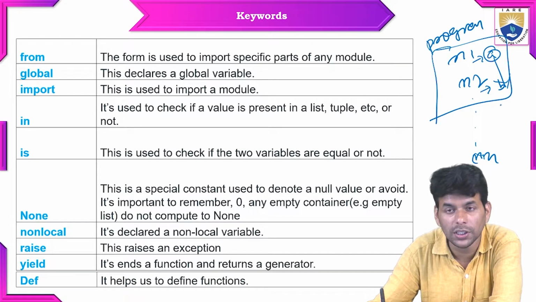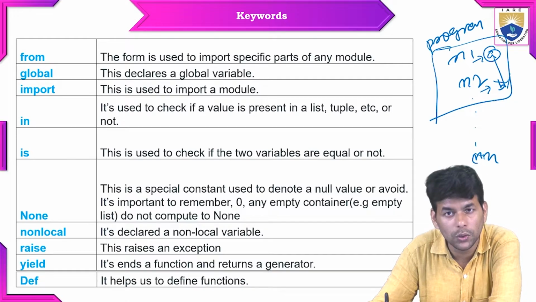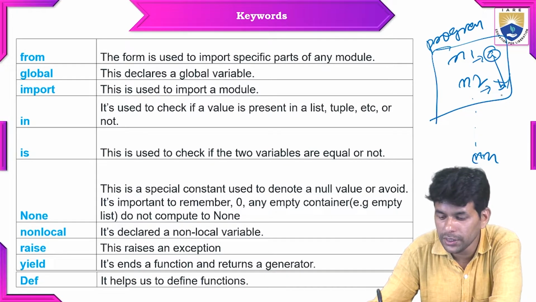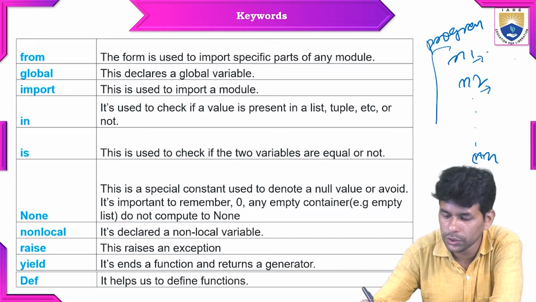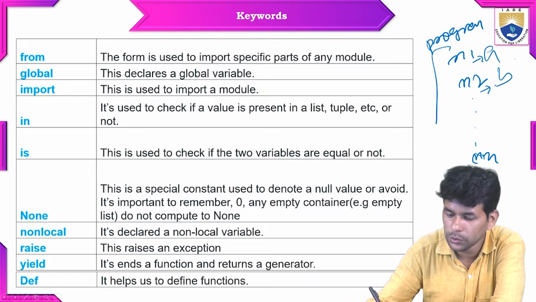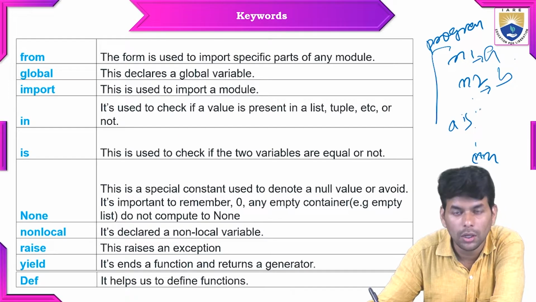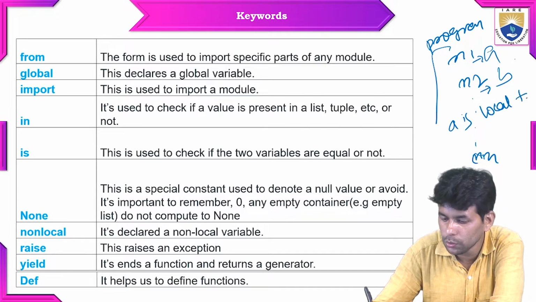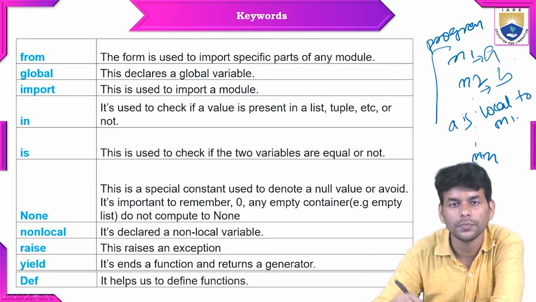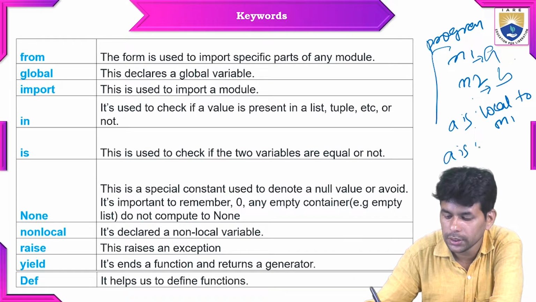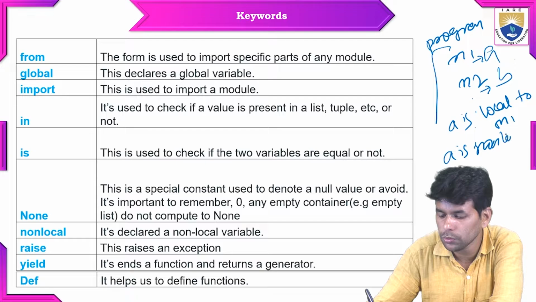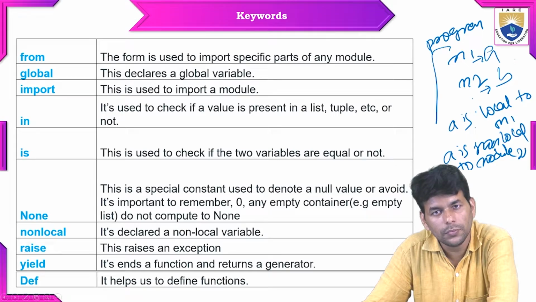When it comes under module 2, b is local to module 2, but b is nonlocal to a. I will write it clearly here. You see here, a, b. So a is local to module 1, and a is nonlocal to module 2. Is it clear?